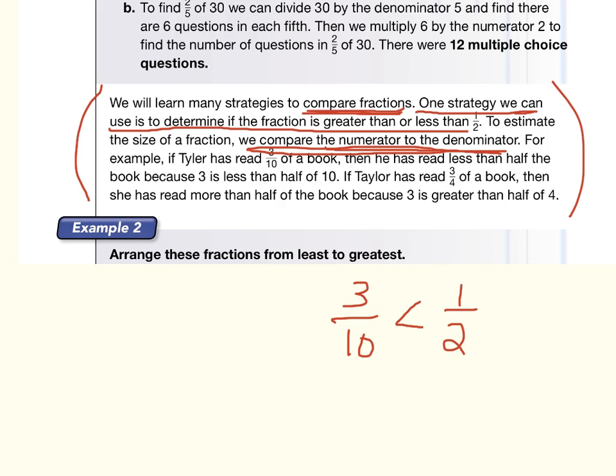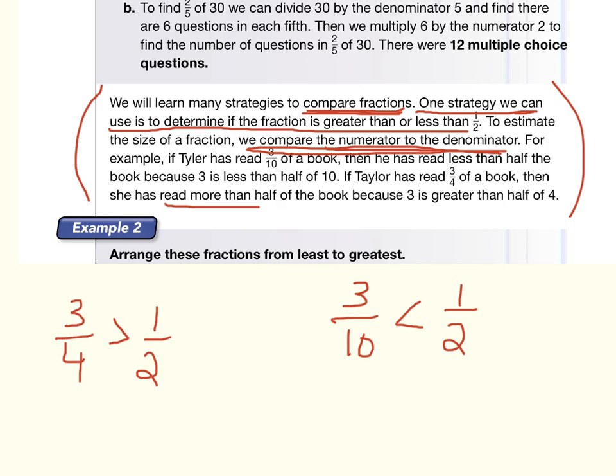If Taylor has read 3/4 of the book, so let's write down 3/4, then she's read more than half of the book because the numerator 3 is larger than half the denominator 4. So 3/4 would be greater than a half. This is just one strategy that allows us to compare fractions.